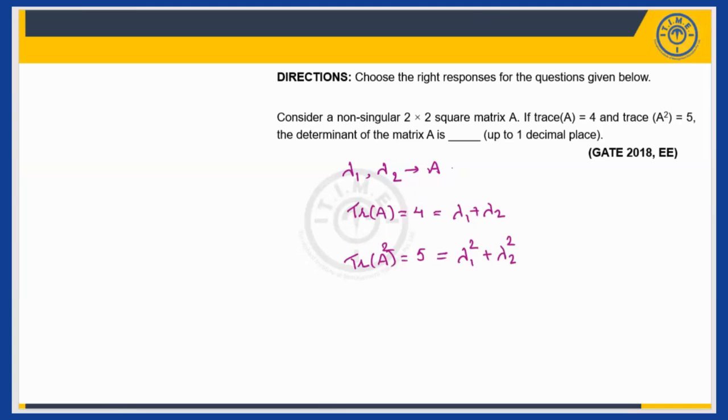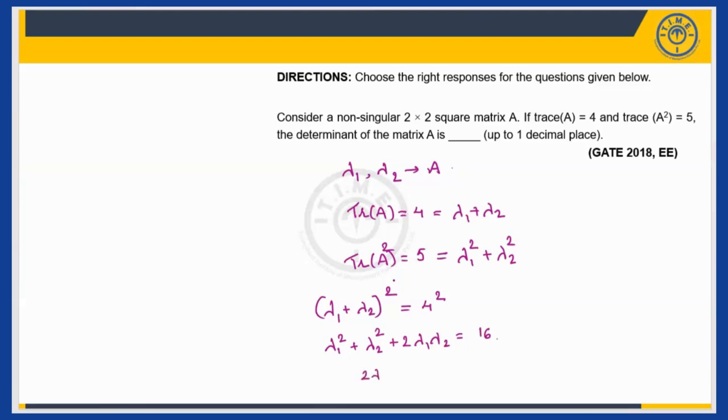So now can we write lambda 1 plus lambda 2 whole square? I think Balaji has answered, it is 0.5. Balaji, I don't think so. That is 4 square. So if we expand it, lambda 1 square plus lambda 2 square plus 2 lambda 1 lambda 2 is 16.